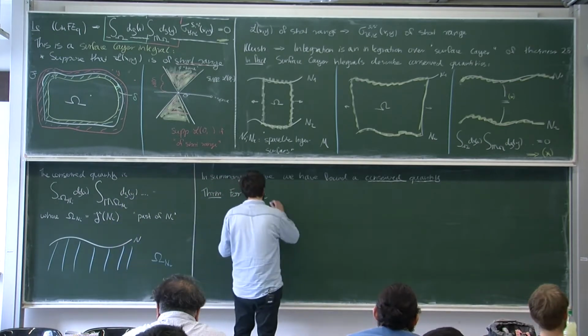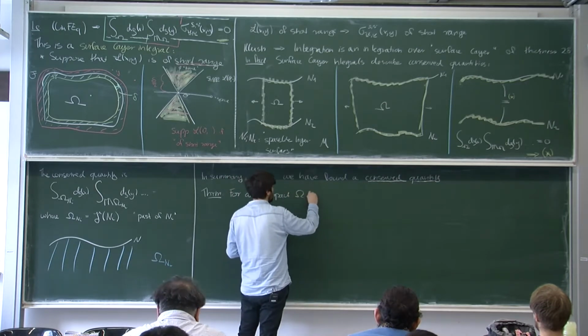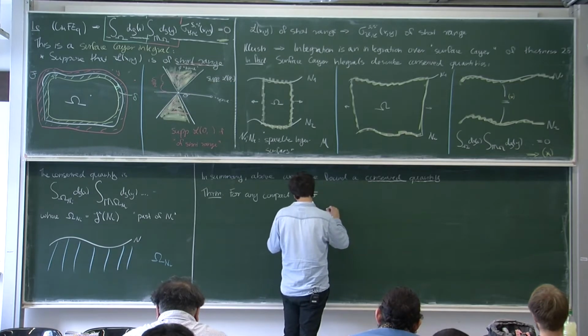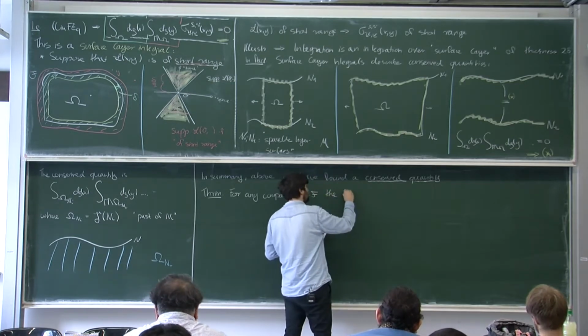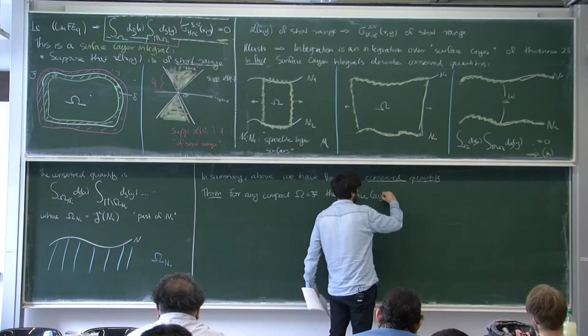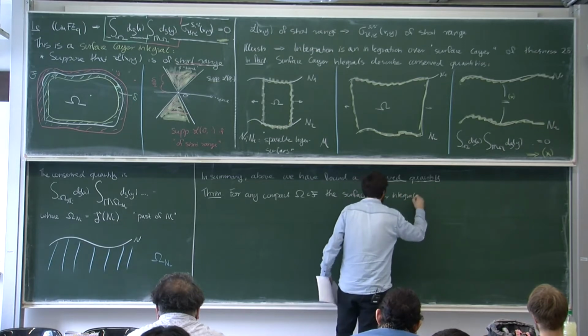So for any compact omega subset F, the surface layer integral, okay, how does it look?